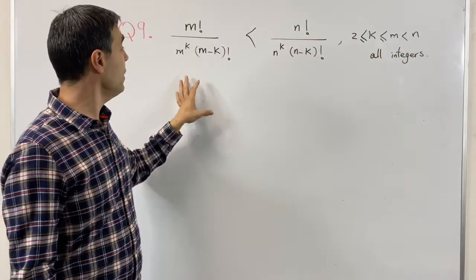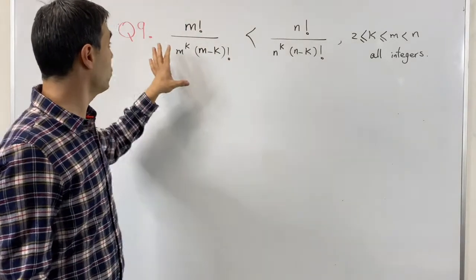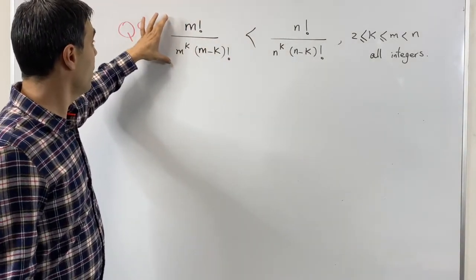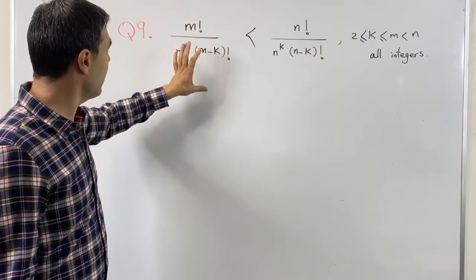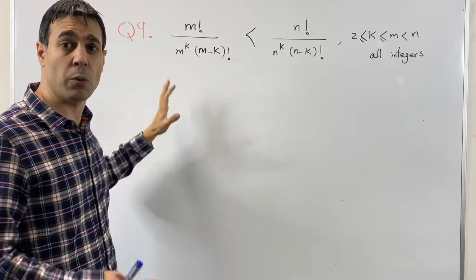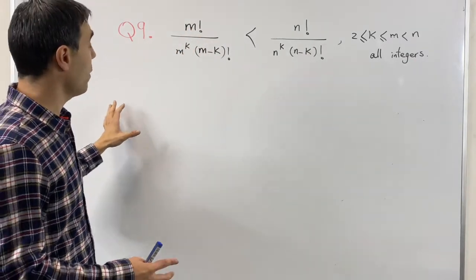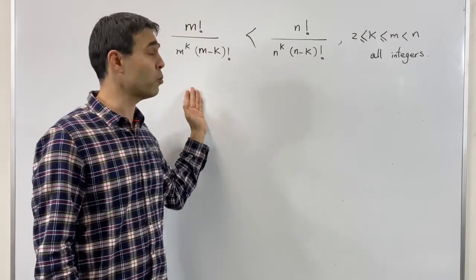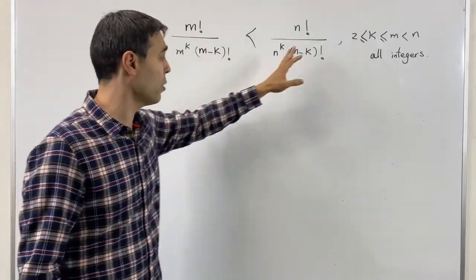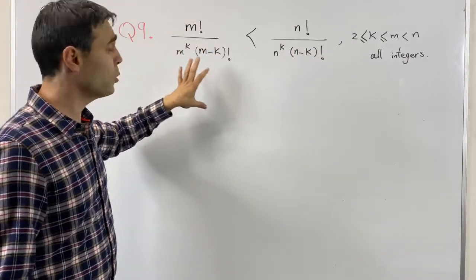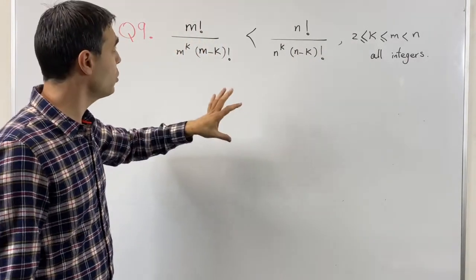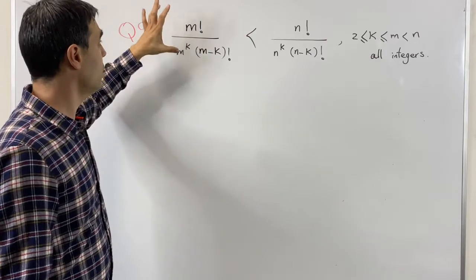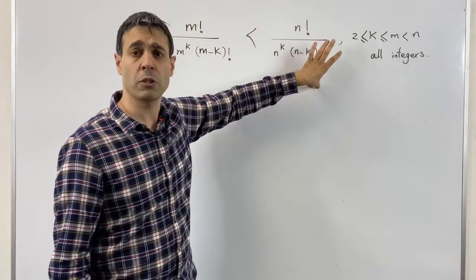Now, the first thing that comes to mind at first glance is that this is a little bit scary equation. We don't know what to do with this, but it's okay. A very good strategy, especially in these types of questions when you want to prove an inequality and your numbers are integers, is to just plug in some numbers. Change the question. Suppose this question was, is this inequality true?